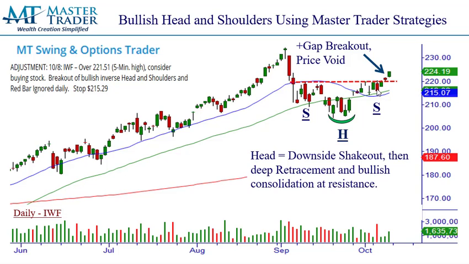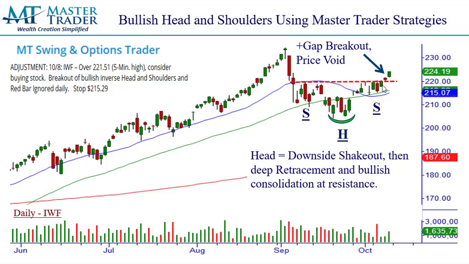Then this ugly red bar occurred, you'll see on most all these charts, on Tuesday, when Trump sent his tweet and sent the market into an intraday tizzy. The next day it had a bullish gap up, and then on this day it was my gap breakout. So you could have entered this trade on this particular day.